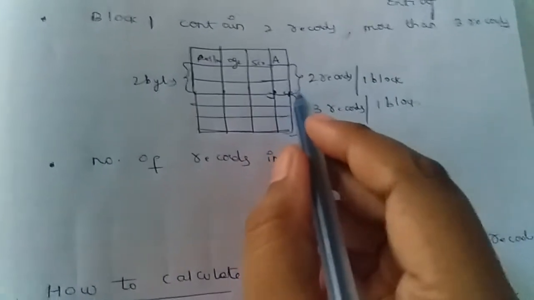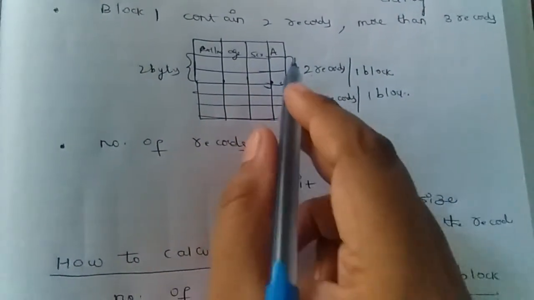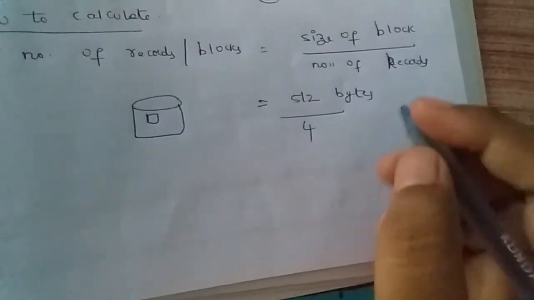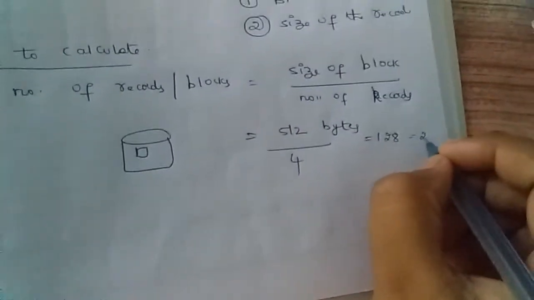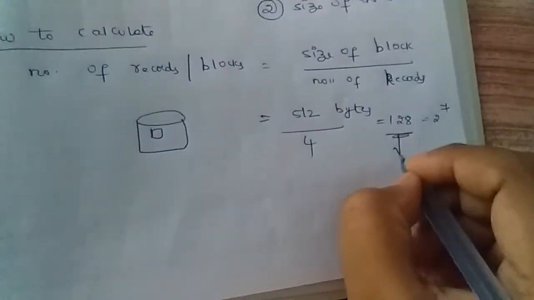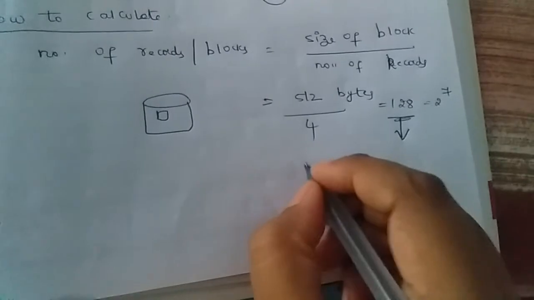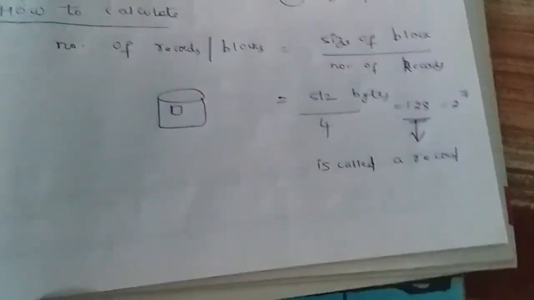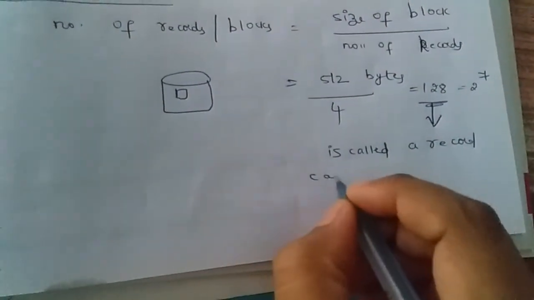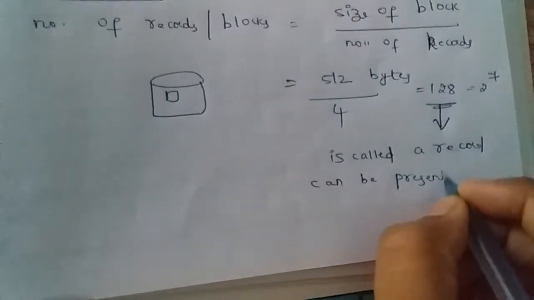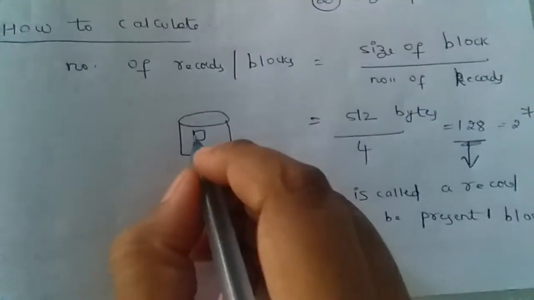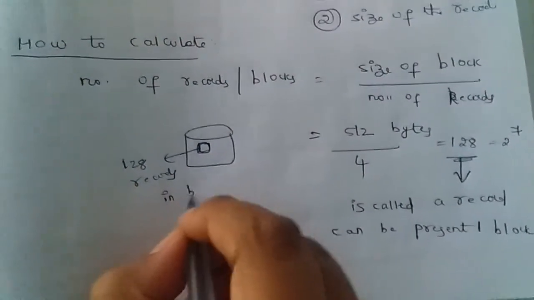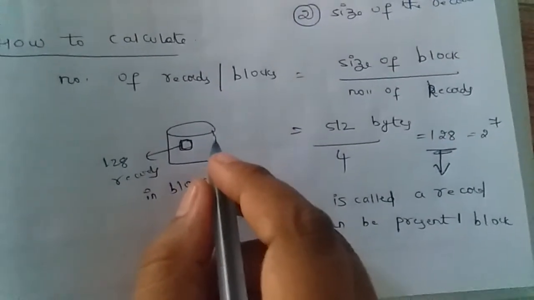If we divide the block into records of 4 bytes, it is equal to 128, meaning 2 power 7. 128 records can be present in one block, meaning we have to store 128 records in block 1. Not only 1, 2 at the 2, 3 at the 3, 4 at the 4.